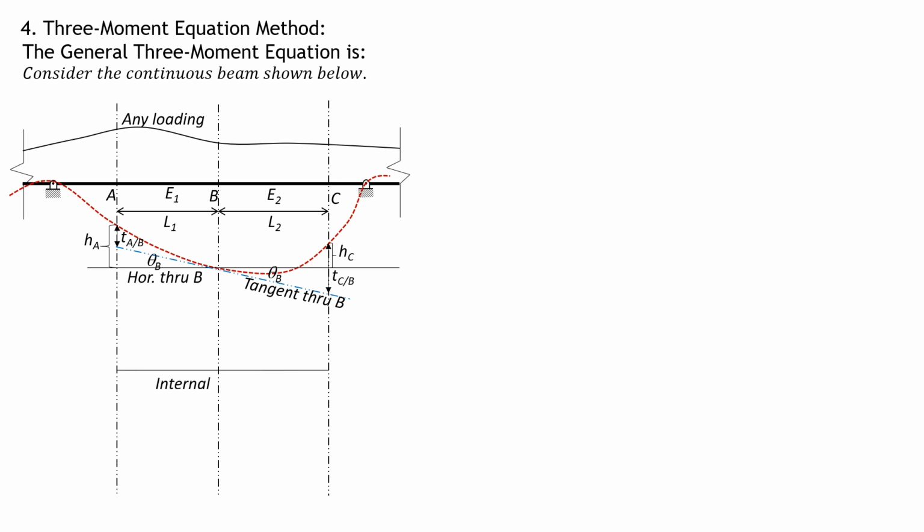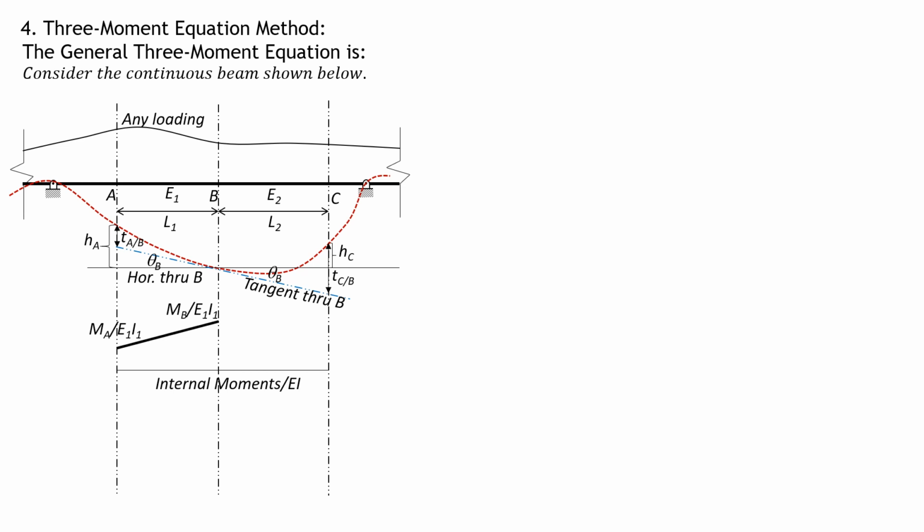Let's draw the internal moment diagrams due to the moments at A, B, and C over EI. So this is the moment at A divided by E1 I1, moment at B divided by E1 I1.